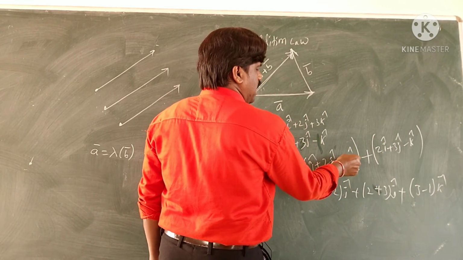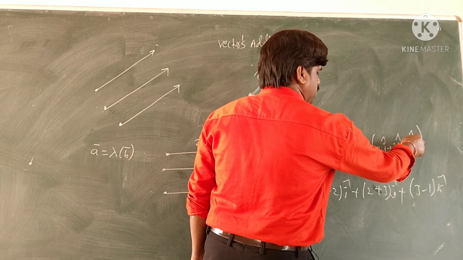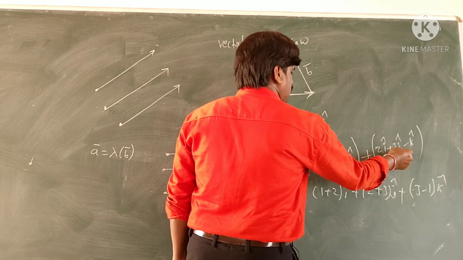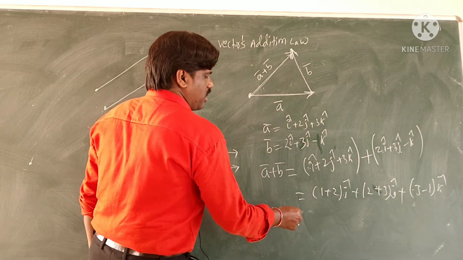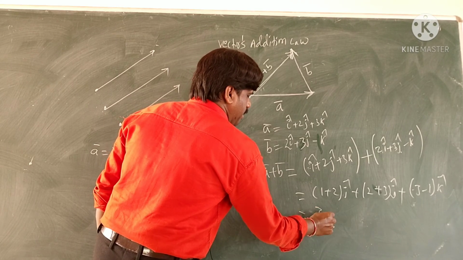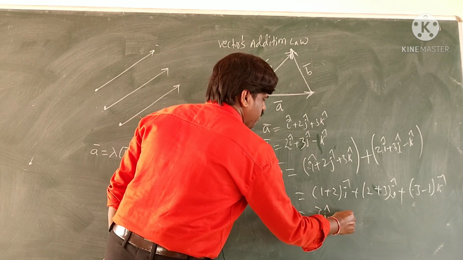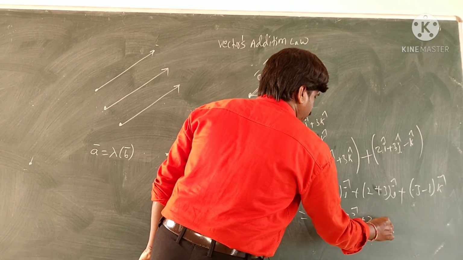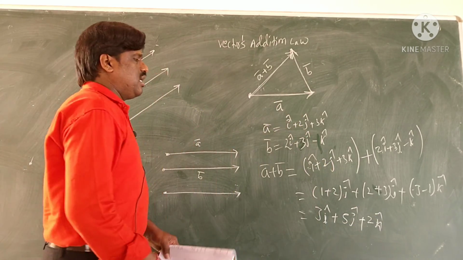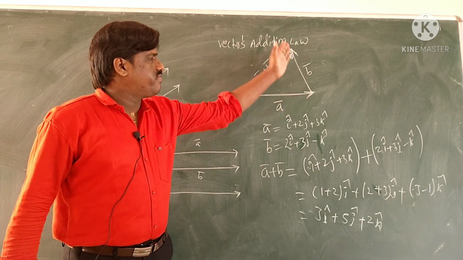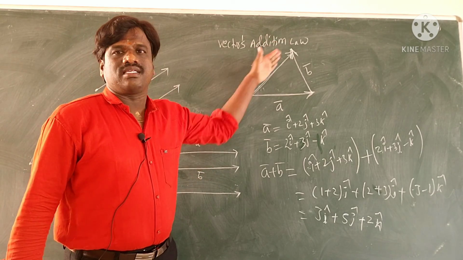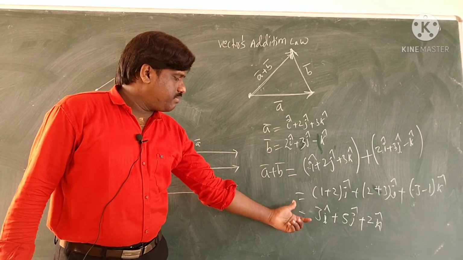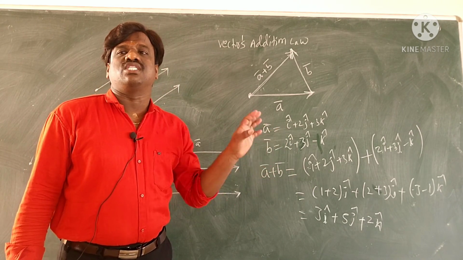The k component is 3 here and minus 1 there. So the addition gives 3I cap plus 5j cap plus 2k cap. This is vector A, this is vector B, and the answer for A plus B will be this. This is the way to do addition of vectors.